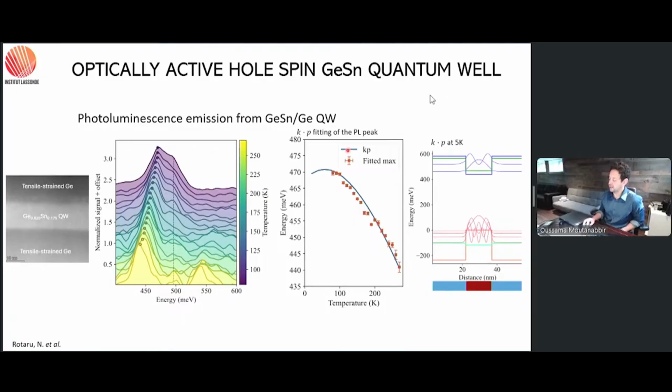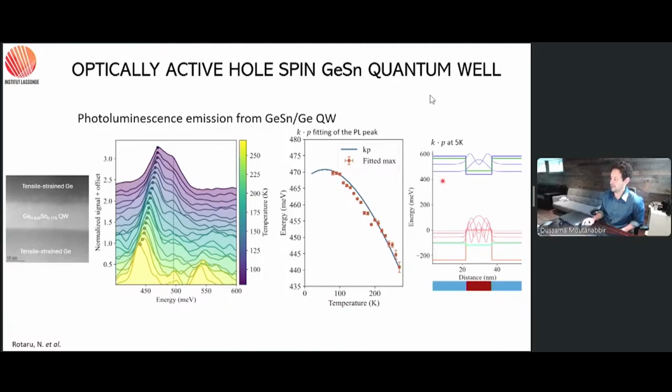The interesting thing here is that we have a type 1 quantum well, and I don't have time to dig deeper on this, but this by itself is really interesting. We were interested in what happened to a hole spin here, but when we developed this heterostructure, we found that the electron spin is actually confined in the gamma band, which means that we have a heterostructure that can also be used for a gamma electron spin quantum dot.